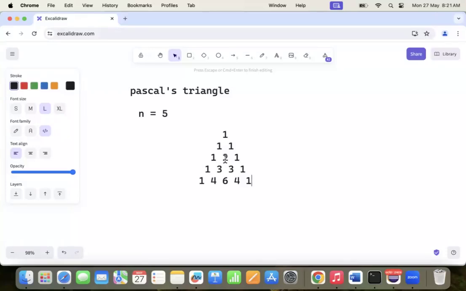The middle columns are calculated based on the row above, by summing consecutive elements of the above row. These are the 2 consecutive elements of the above row: 1 plus 1, that is 2. The first and last column will be 1. This is 1, 3, 3, 1: 2 plus 1, 3, 2 plus 1, 3. This is 1 and 1. This is 3 plus 1, 4; 3 plus 3, 6; 3 plus 1, 4. So 1, 4, 6, 4, 1.